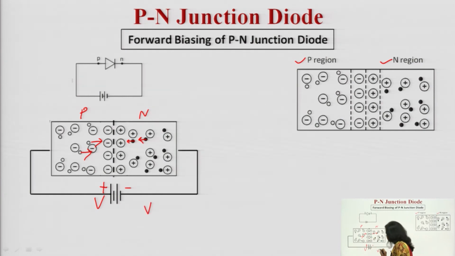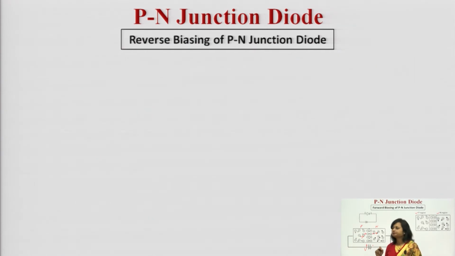If you keep increasing this external voltage, more and more electrons and holes will cross the junction and the depletion layer width will decrease. So this is how you can explain the forward biasing of a PN junction diode.